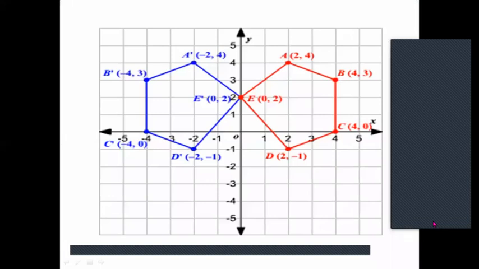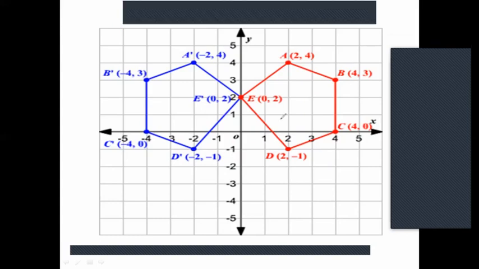The red is your object and the blue is the image. So what is this? How many sides? Like a pentagon shape: 1, 2, 3, 4, 5. So this pentagon now undergoes transformation by reflection, forming the blue one, which is the image.